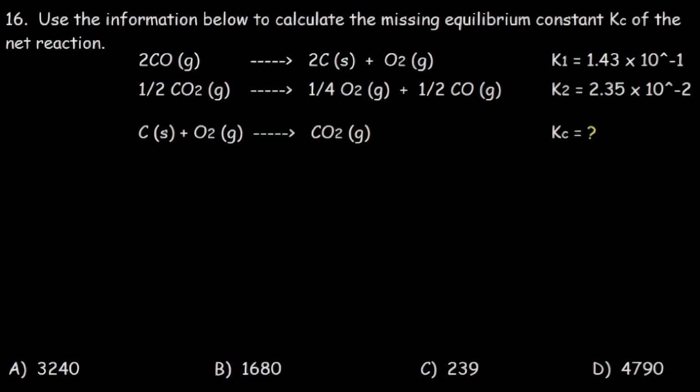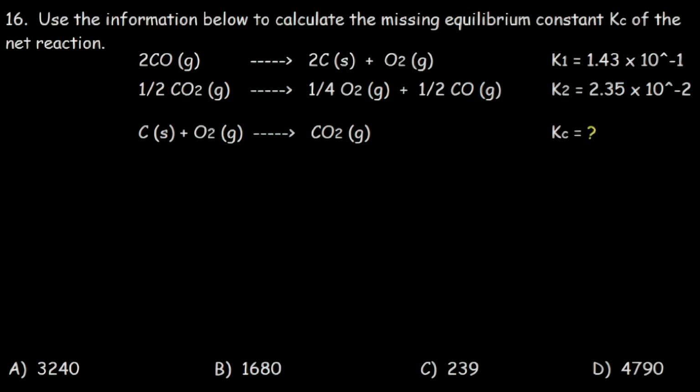So you need to know that if you double a reaction, like if you increase the coefficients by a factor of 2, the equilibrium constant will be changed not by a factor of 2, so it won't become 2K. In fact, it's going to become K squared. And if you multiply the coefficients by half, the equilibrium constant K will become K raised to the half. If you reverse it, it turns into 1 over K.